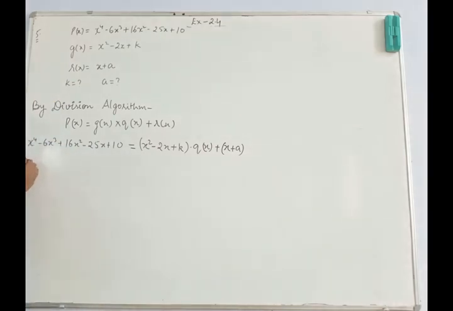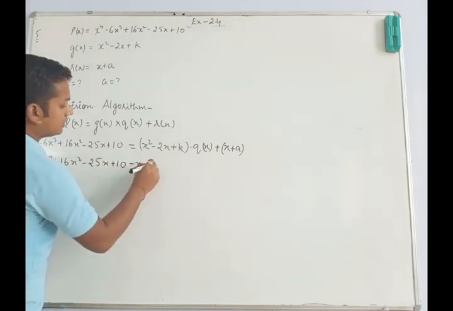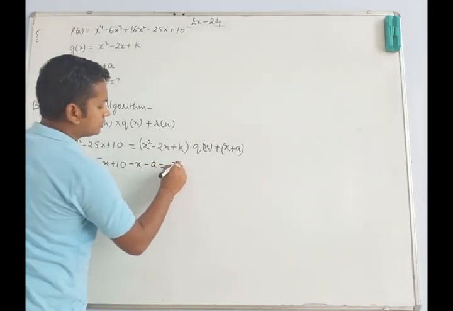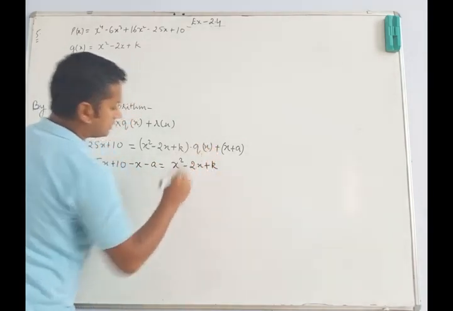So x raised to the power 4 minus 6x cube plus 16x square minus 25x plus 10 minus x minus a equals x square minus 2x plus k.